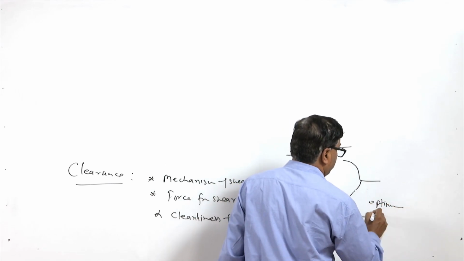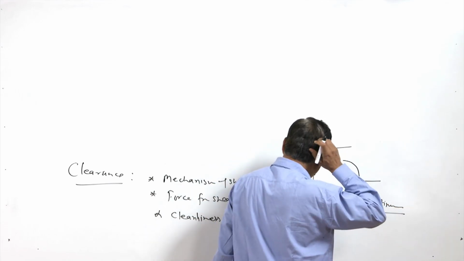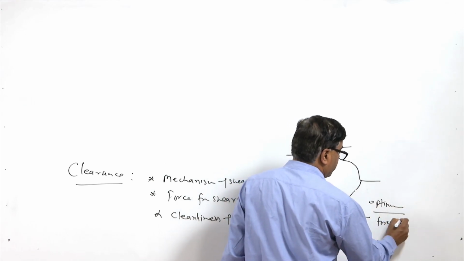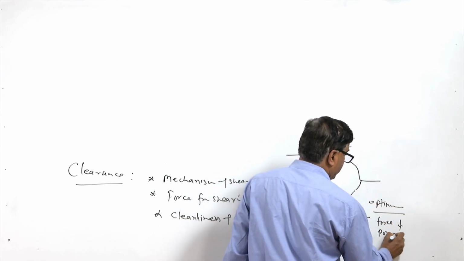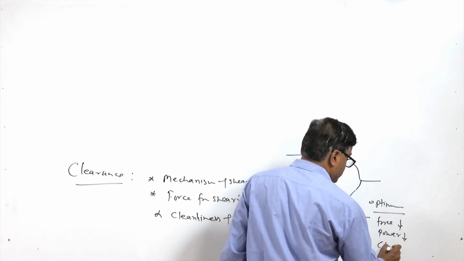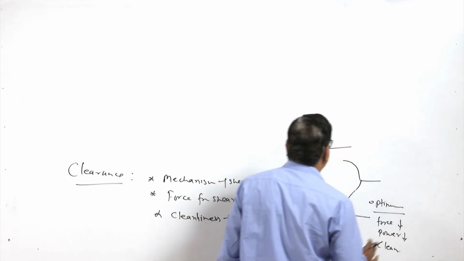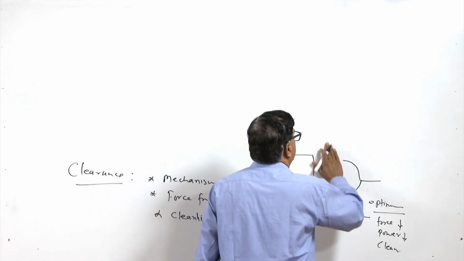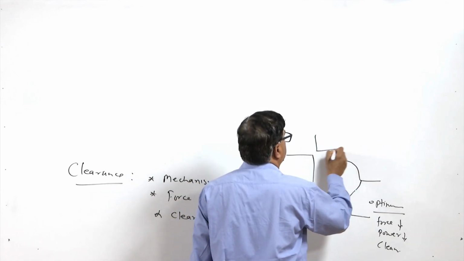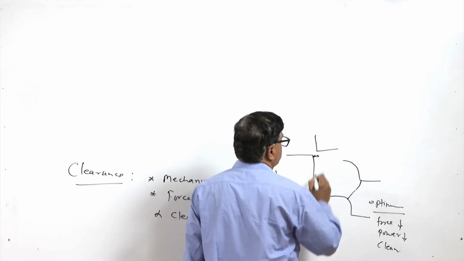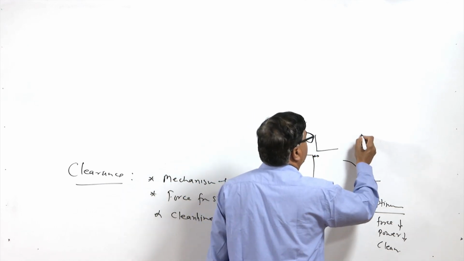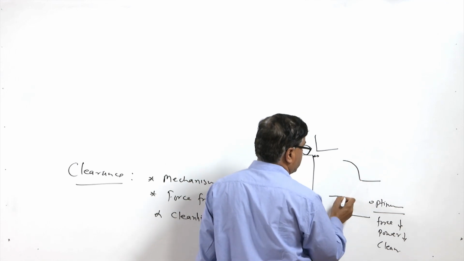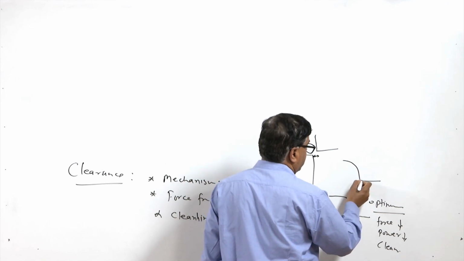This will be achieved when the clearance is optimum, and the force required is less, power required is less, and the cut is very clean. While if the gap is too less, meaning the gap between the punch and die is too close, in that case we may find that the cracks coming from the two sides may not meet each other at the center.